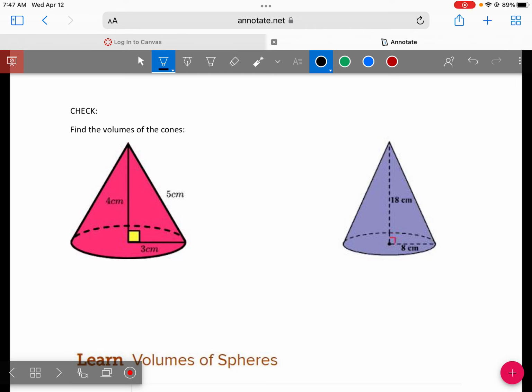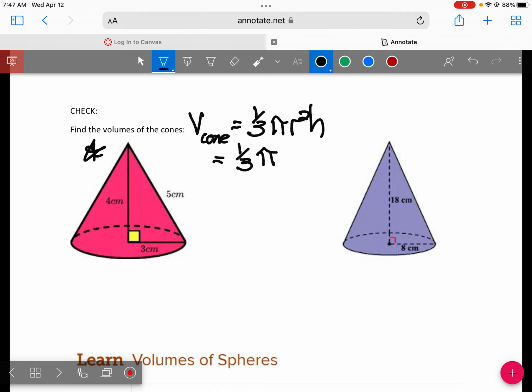Oh, and these are both pretty much the same. All right, so let's do the first one. I'm going to do this one right here. Volume of a cone is 1/3 pi r squared h. So 1 divided by 3 times pi times radius. What is my radius?